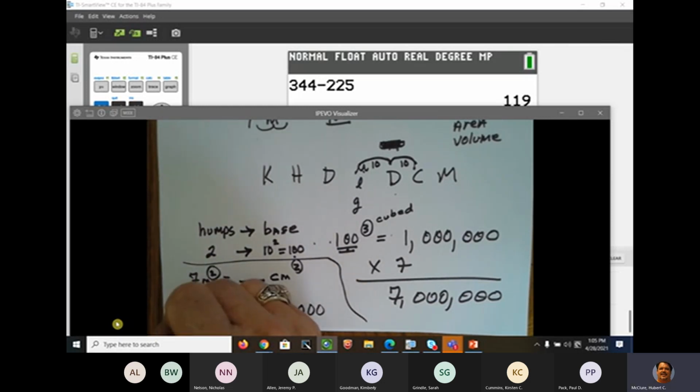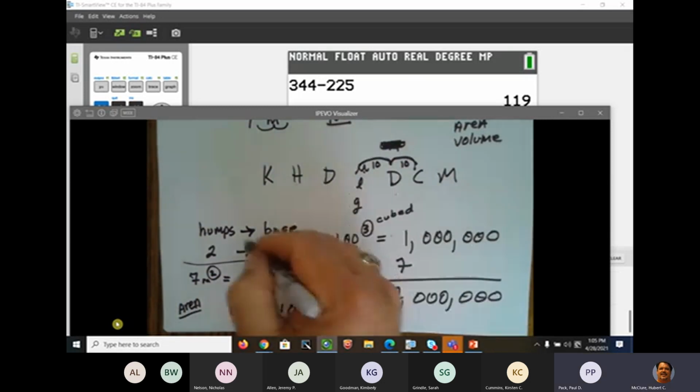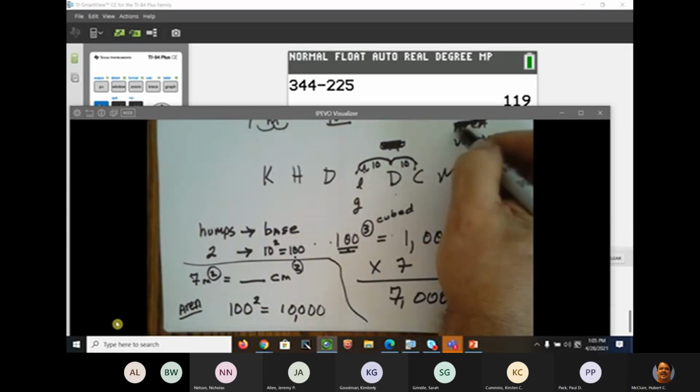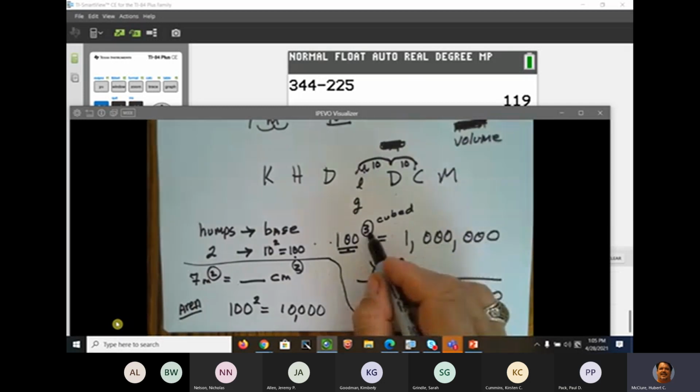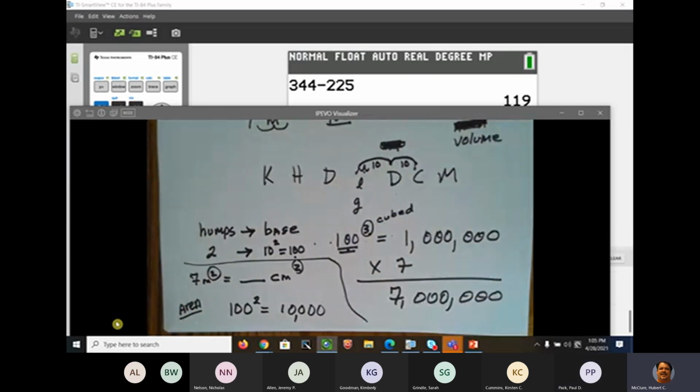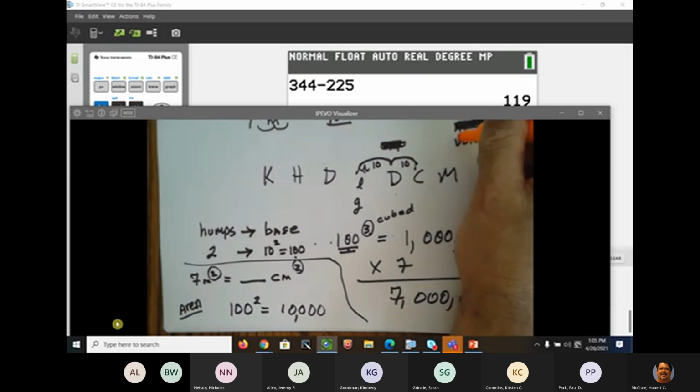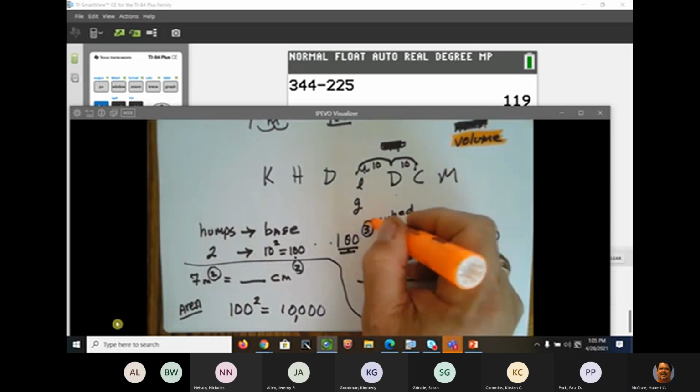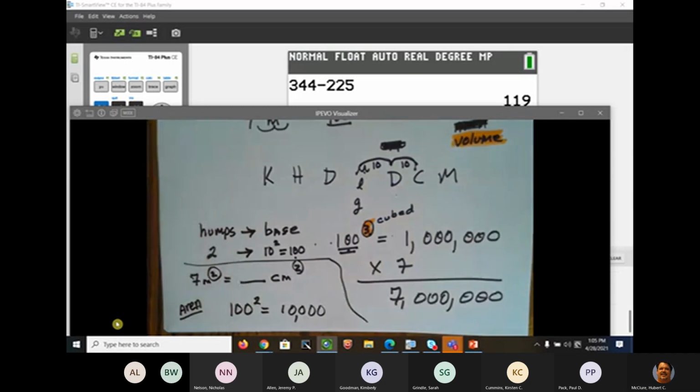So this is area, and this is volume. Volume you cube, area you square.